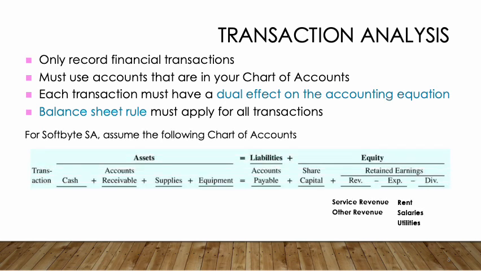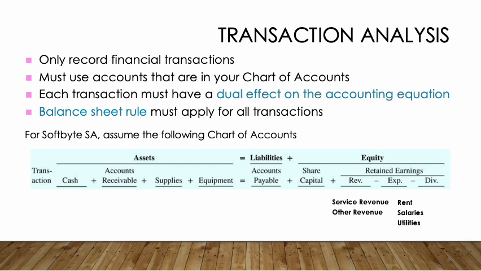So for our purposes, this is a bit of a simplified chart of accounts. I took this from our textbook here. And so these are the categories that I would like to use for this initial stage here. And so in terms of assets, we can only use cash, accounts receivable, supplies, and equipment. I've expanded the equity portion, specifically the revenue and expense accounts. So for revenue, we'll have service revenue and other revenue.